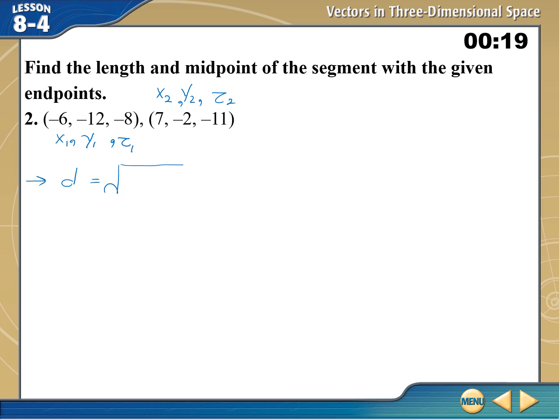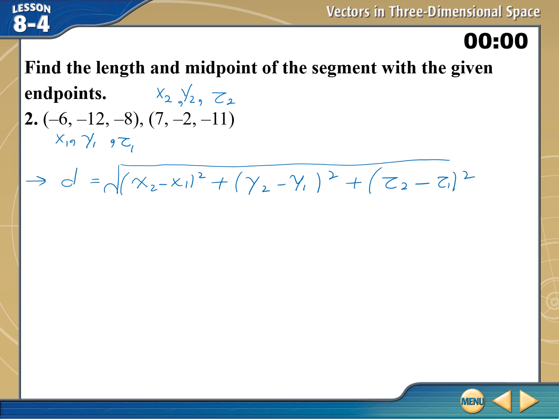You write L, or you write D, no problem. Now we have the three coordinates, so x2 minus x1 whole square plus y2 minus y1 whole square plus z2 minus z1 whole square.